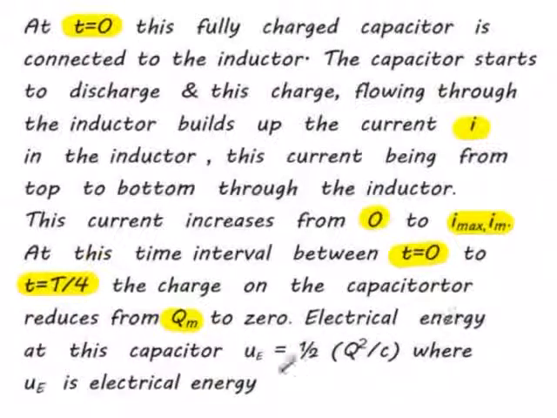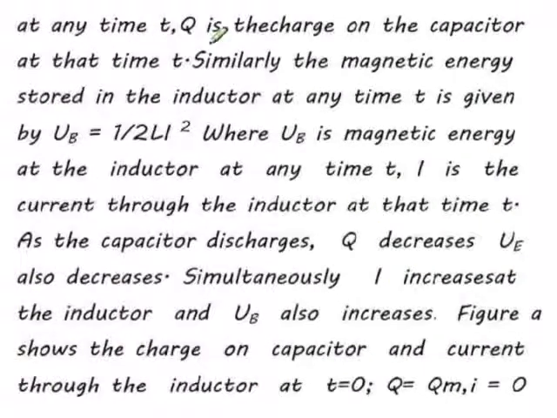Electrical energy at the capacitor is given by UE equal to half Q square by C, where UE is the electrical energy at the capacitor at any time t, and Q is the charge on the capacitor at that time t.